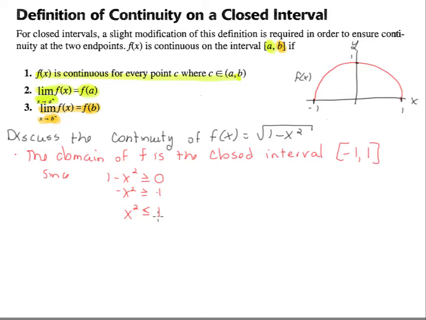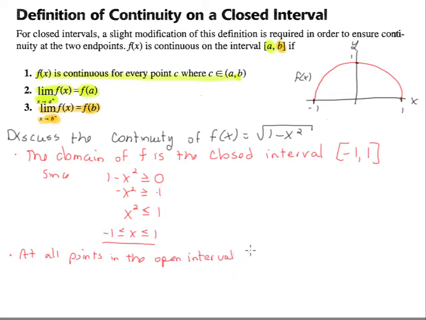That tells me that negative 1 needs to be less than or equal to x, which is less than or equal to 1. So that's the domain of f of x. And I know from the fact that this is an even radical function that it is continuous at all points of its domain. So the only thing I have to check is the endpoints.